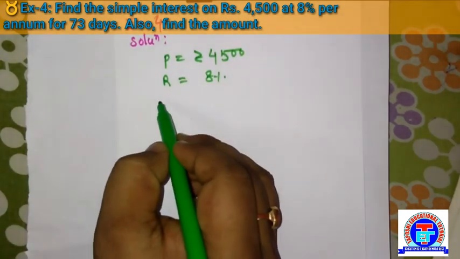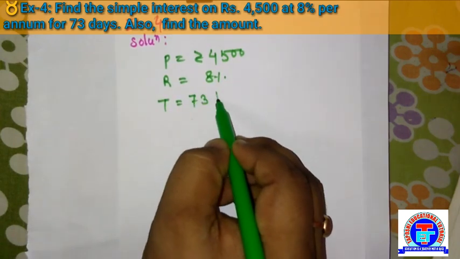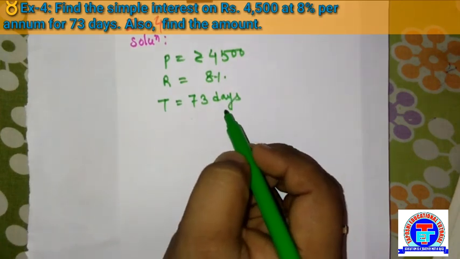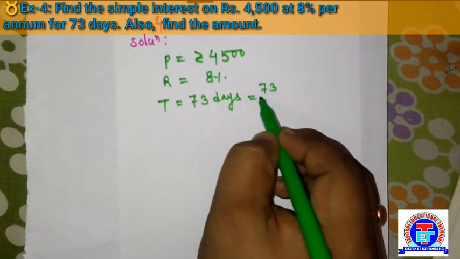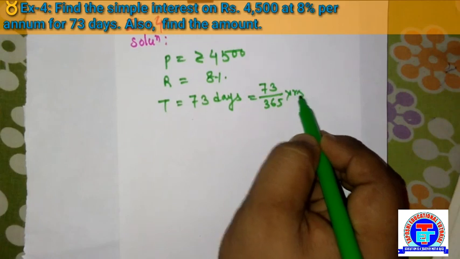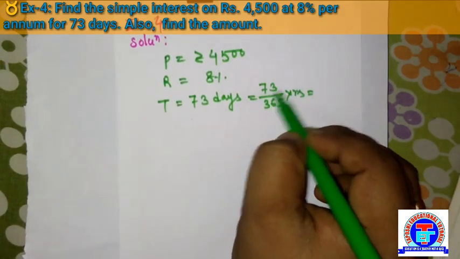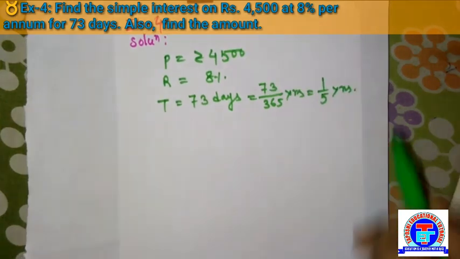Now time T is equal to 73 days, which we convert into years. So we write 73 divided by 365 years, and this comes to 1 by 5 years.